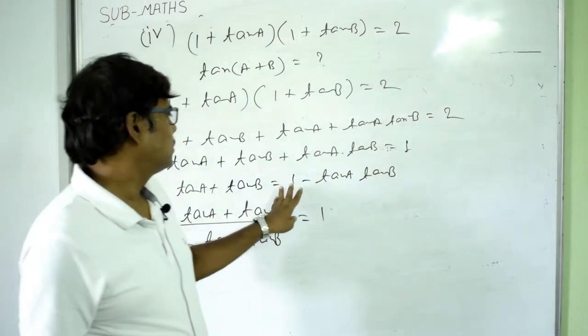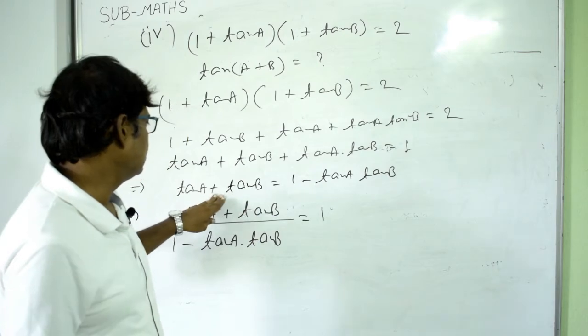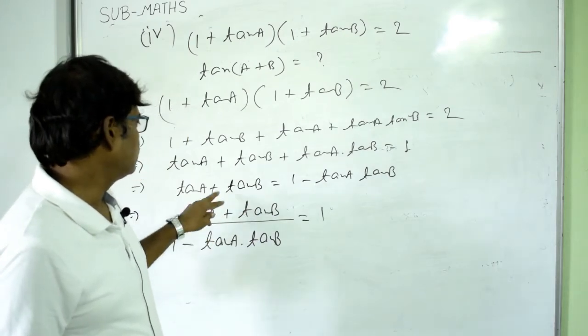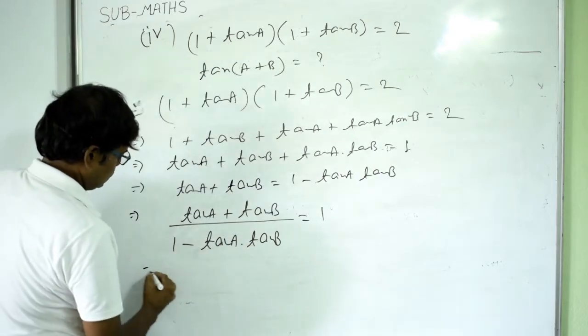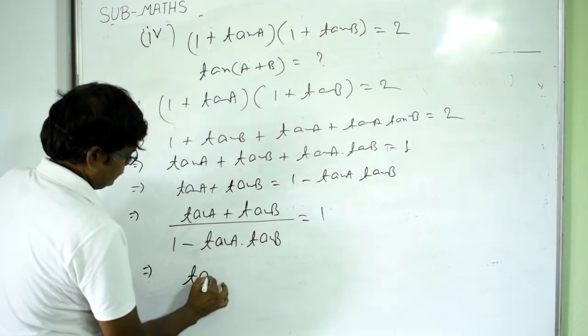Here I have brought this expression to this side, therefore you have this by this equal to 1, and this is actually equal to tan(A plus B).